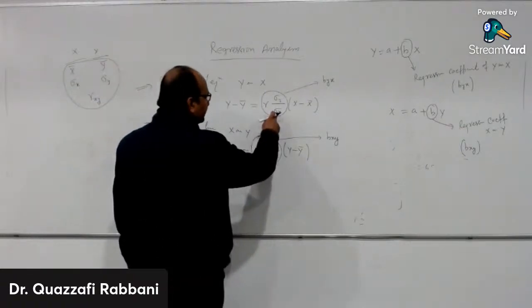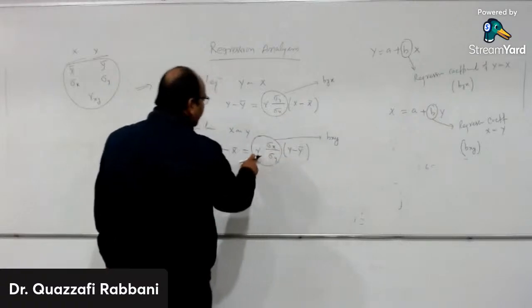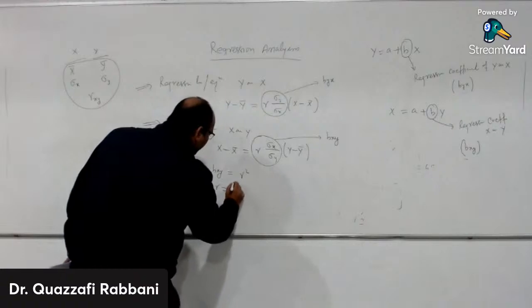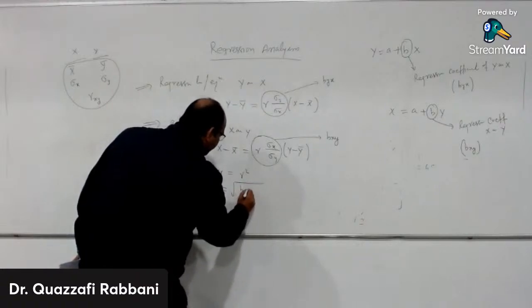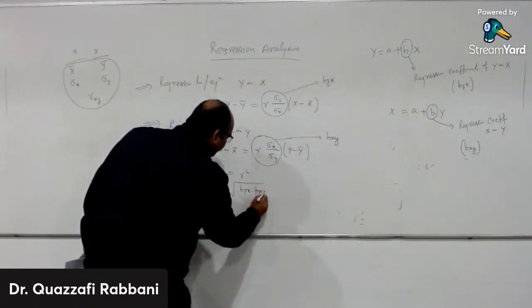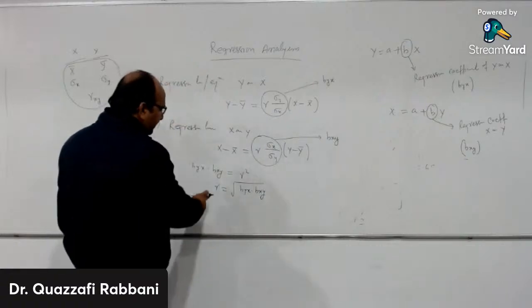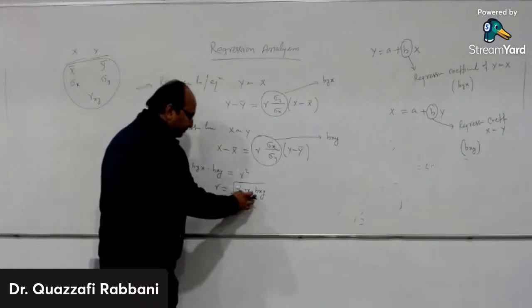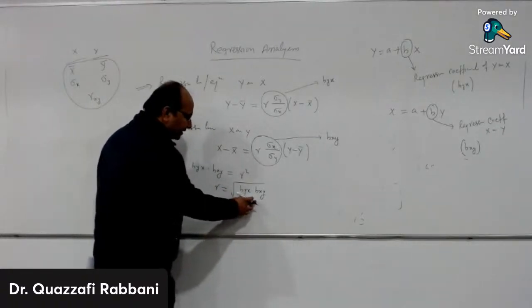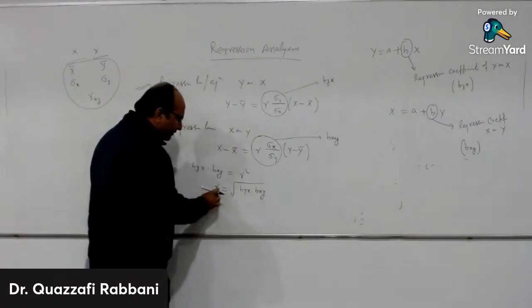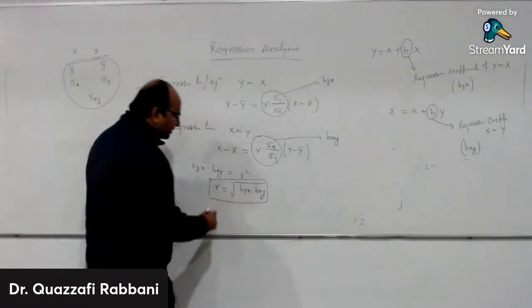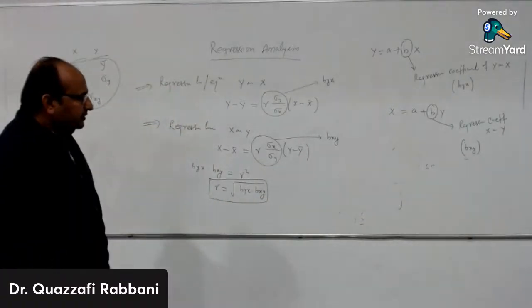The sigma y cancels with this sigma y, and r into r is r square. So r is equal to the square root of byx into bxy, where r is the correlation coefficient and byx and bxy are the regression coefficients. So the square root of the product of the two regression coefficients is equal to the correlation coefficient. This is the relation between the correlation coefficient and the two regression coefficients.